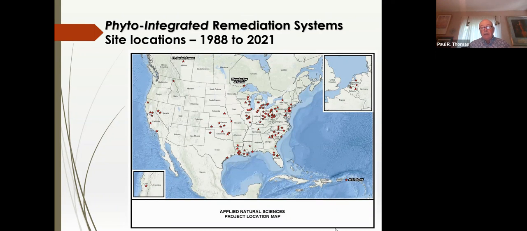And these are the sites that we've done to date. I think I left a few off of here, but you can see that they're kind of concentrated in Rust Belt industrial areas.